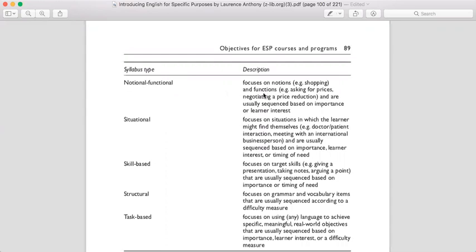And what we are going to teach here in the function is negotiating the price. Okay, bargaining. So if the notion, the idea is to teach students to converse while they are shopping, so what function would we teach them is bargaining, maybe asking for the price, negotiating, all of that.